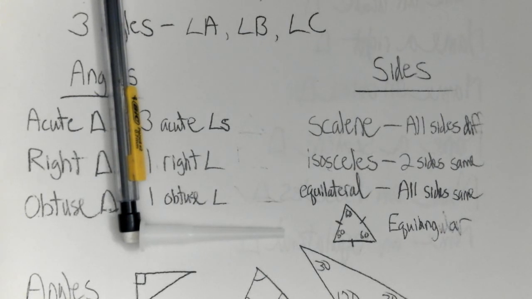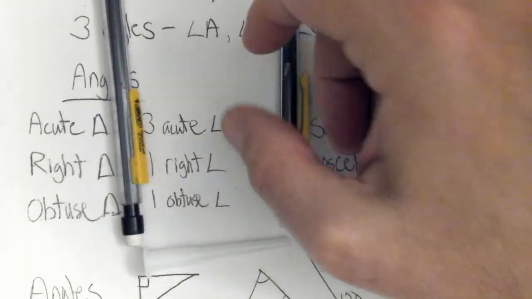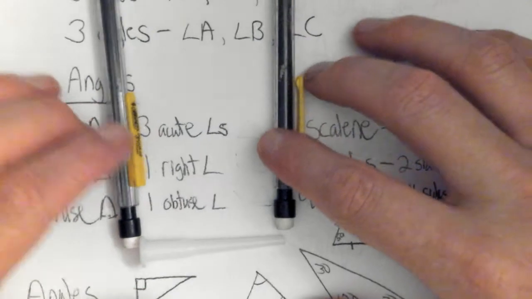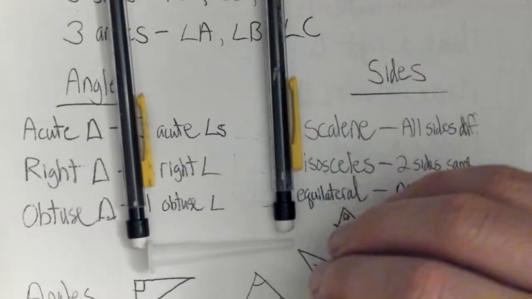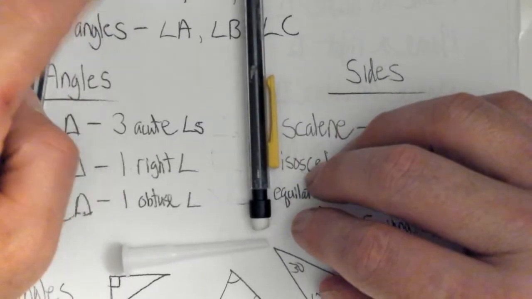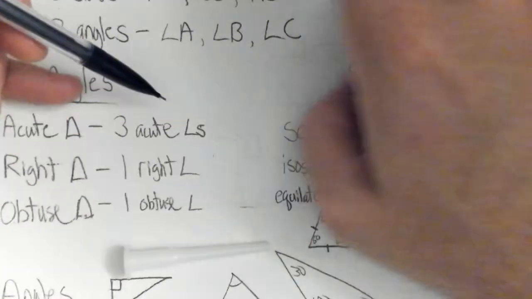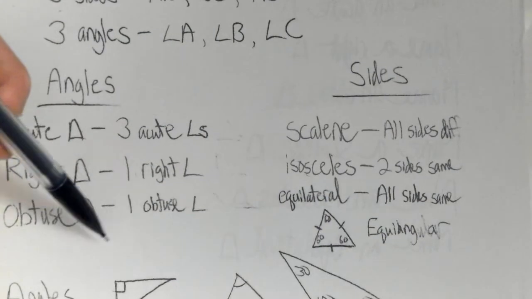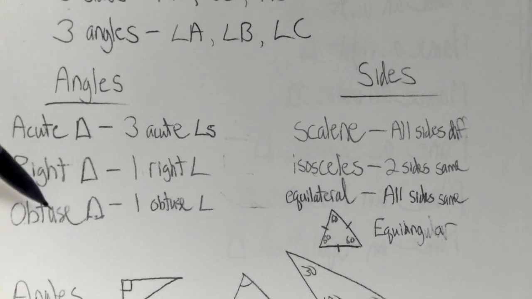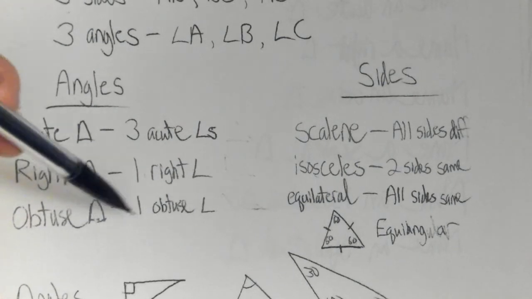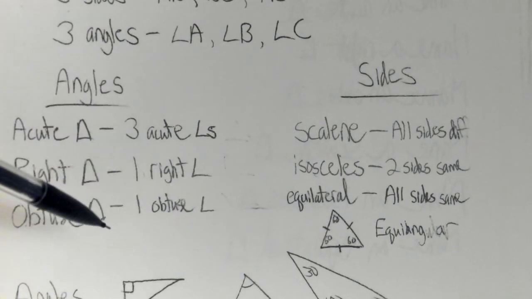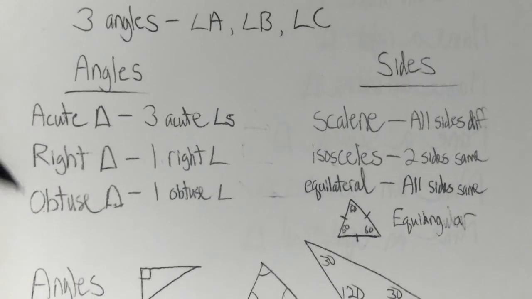If I were to make another right angle here, look at what happens. That's already all 3 sides, and it cannot close. So a triangle can have at most 1 right angle, and at most 1 obtuse angle, more than 90. That brings us to the next term, obtuse triangle: a triangle with 1 obtuse angle in it. These are the descriptions for triangles named by angles.